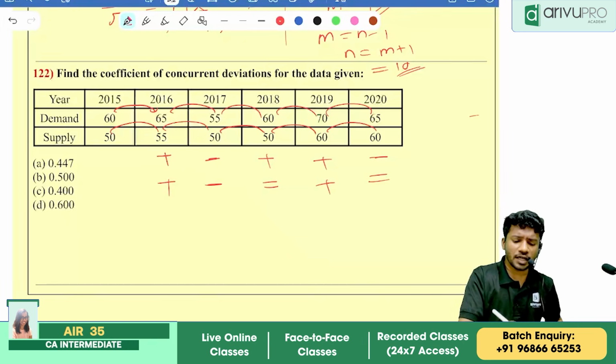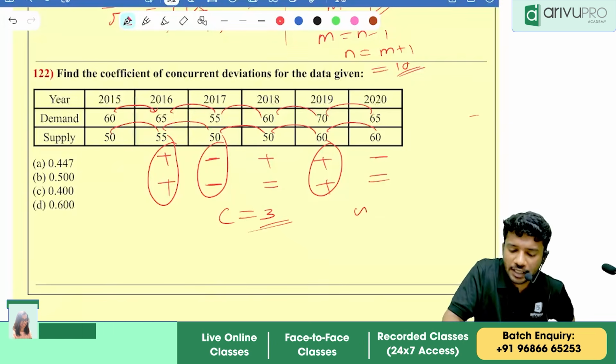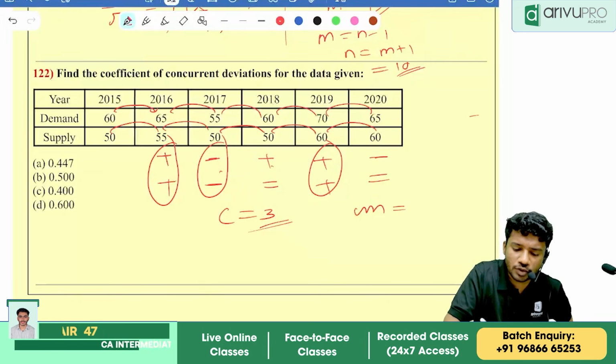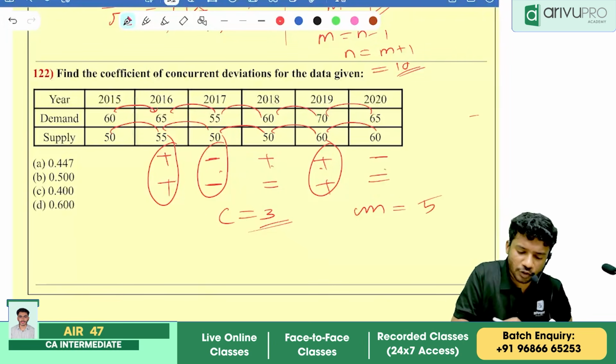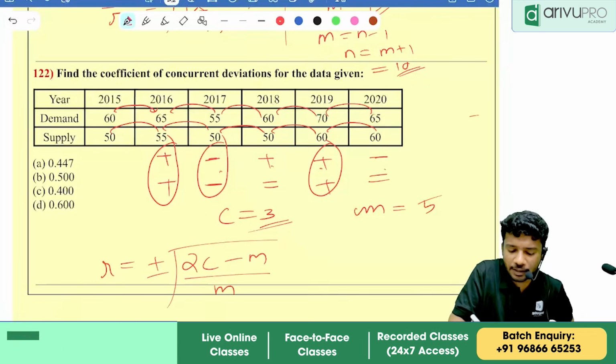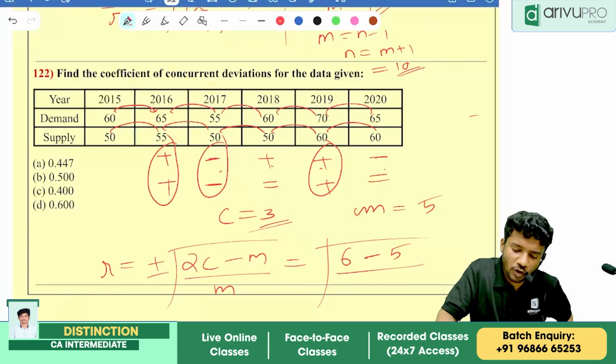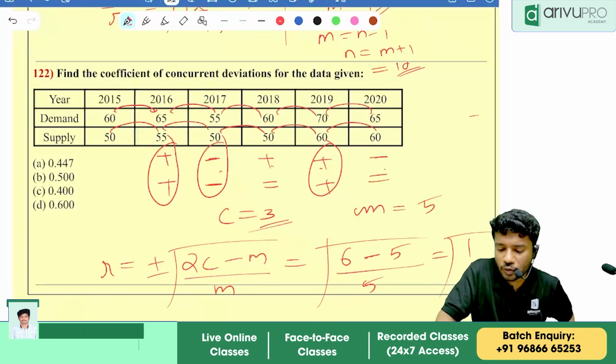Now people, how many concurrent deviations? 1, 2, 3. So the C value is 3. M is how much? 1, 2, 3, 4, 5. Now you tell me the value of R. R is equal to plus or minus root of (2C minus M) divided by M, which is root of (6 minus 5) divided by 5, which is root of 1 by 5.